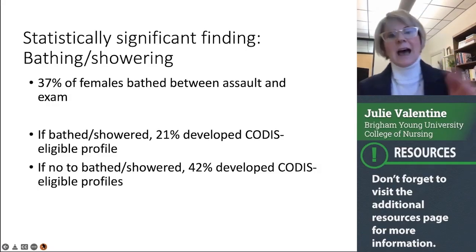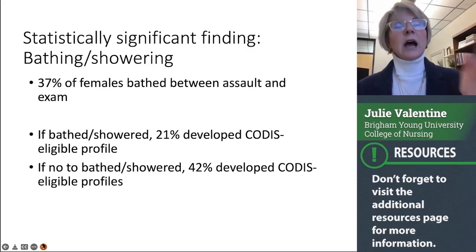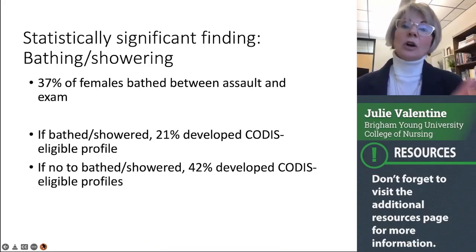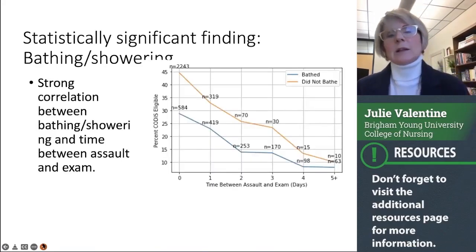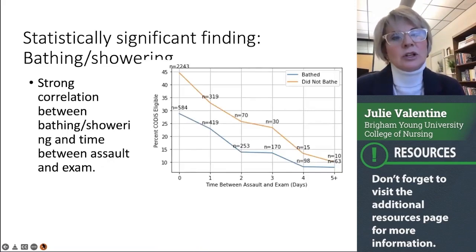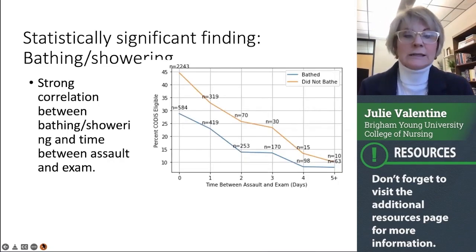We then looked at bathing and showering in relationship to time between assault and the exam, thinking that the longer it went, the more likely they would have bathed or showered. And that's exactly what we found. There's a strong correlation between bathing and showering and time between the assault and exam.